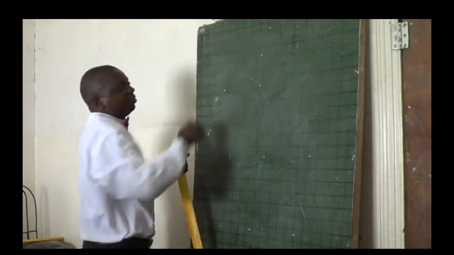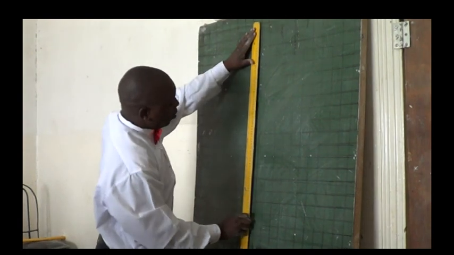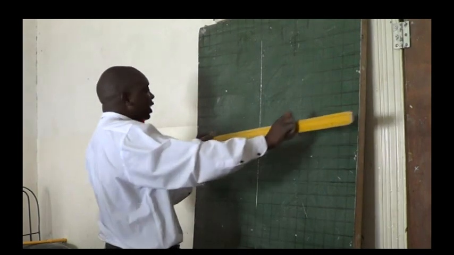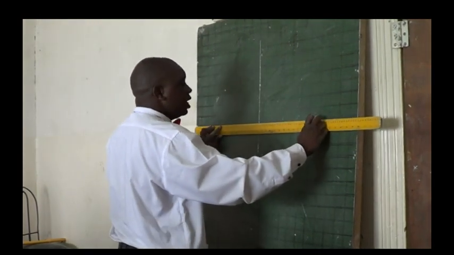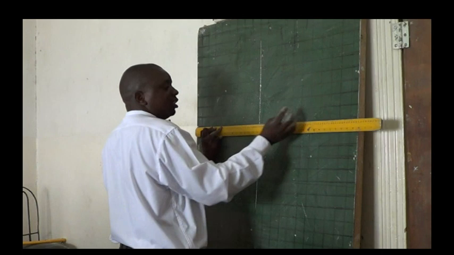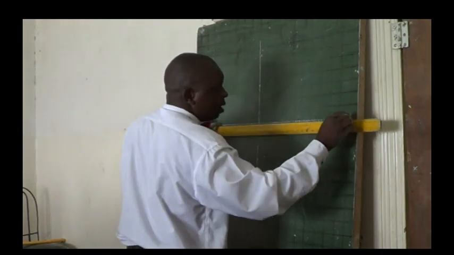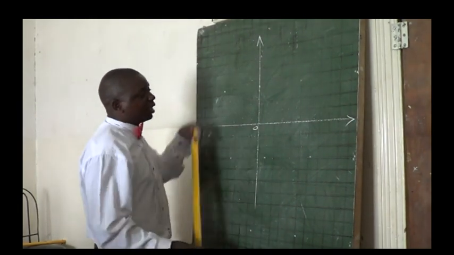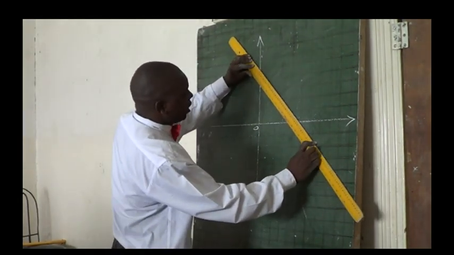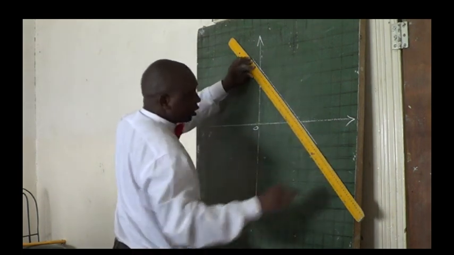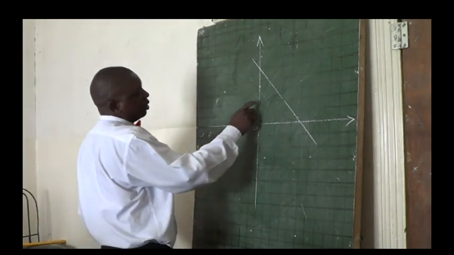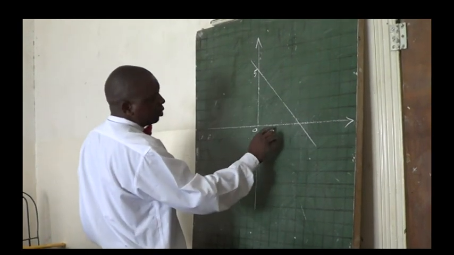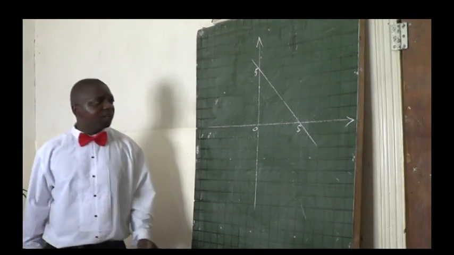To find the equation of a given straight line. A sketch shows only the main features, like the points where the line crosses the axes.